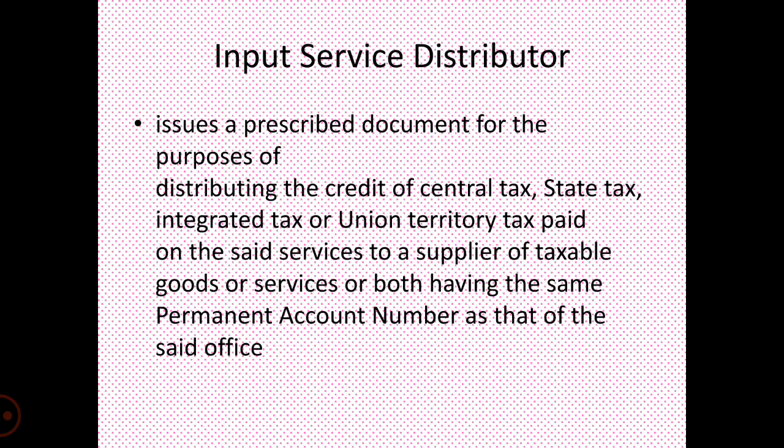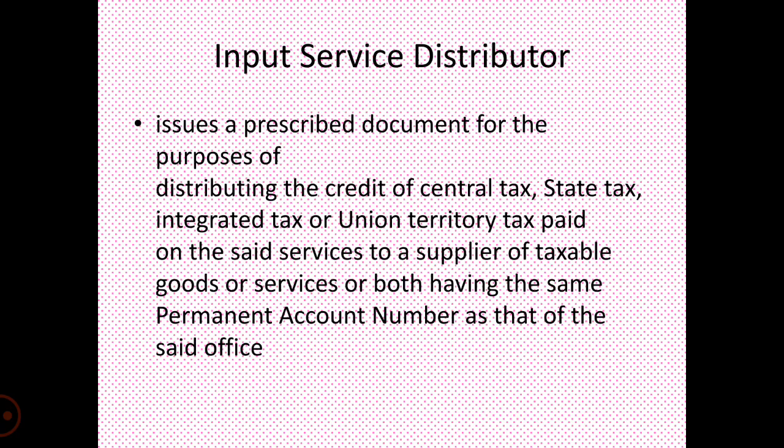Therefore, as per the CGST Act Section 31 related to tax invoices, a registered person supplying taxable goods or services shall issue the invoice before or at the time of removal or delivery of the goods to the recipient, or making them available to the recipient.